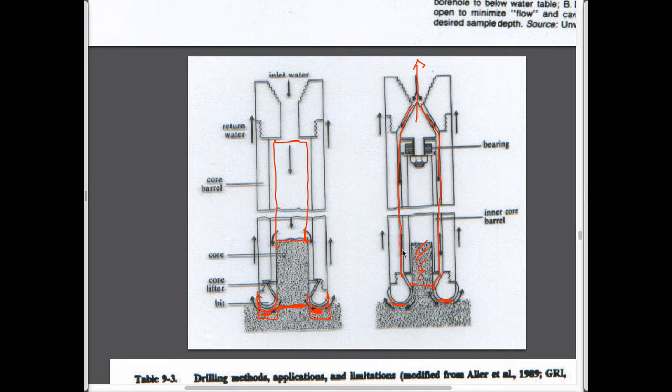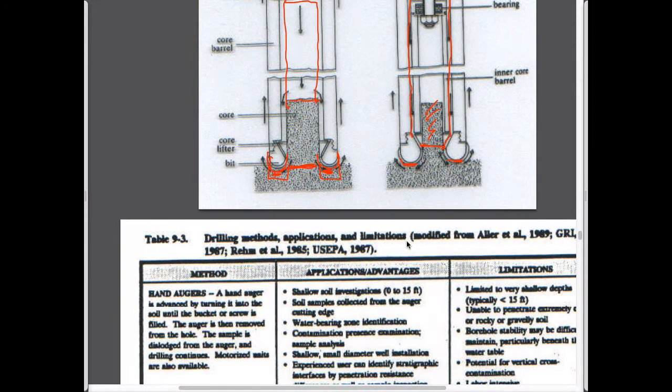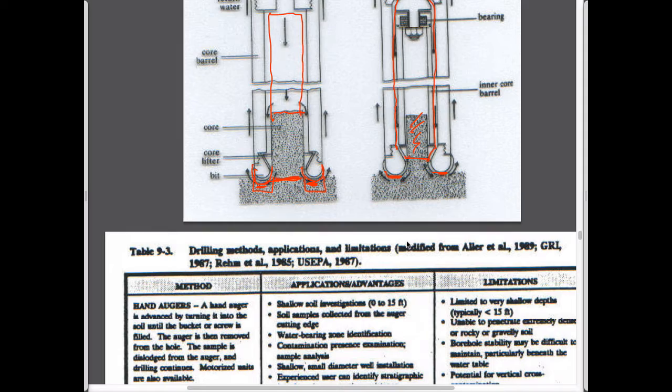A double barrel has the core barrel inside here that might rotate as the thing goes around, which is not so good as a triple barrel core barrel, which has the core barrel that stays static on the core as the outer part of the drill moves around. And so it means that you don't mash your core up quite so badly. And so those are the main methods of drilling.